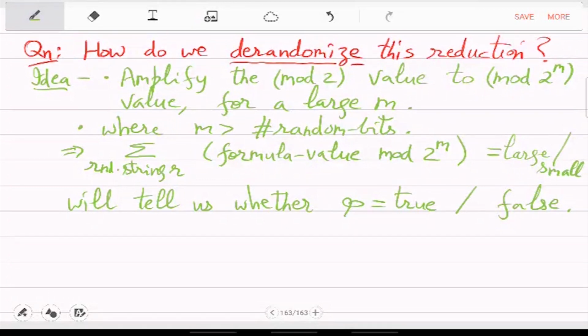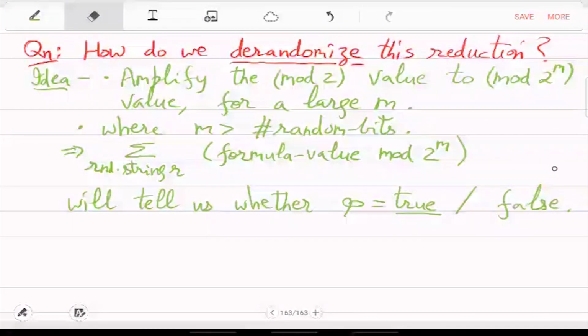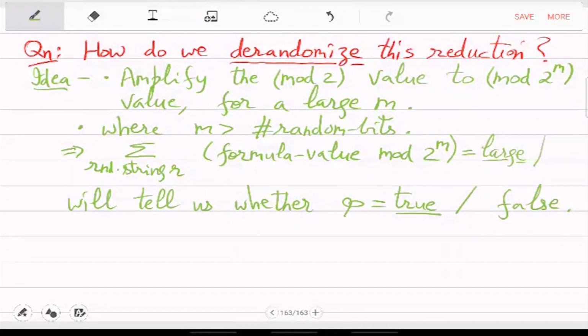Okay, so true will map to a larger value. That's the idea. True will map to large, false will map to small, because of this 1/3, 2/3 that we have ensured.